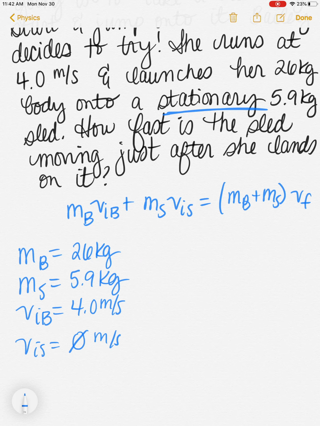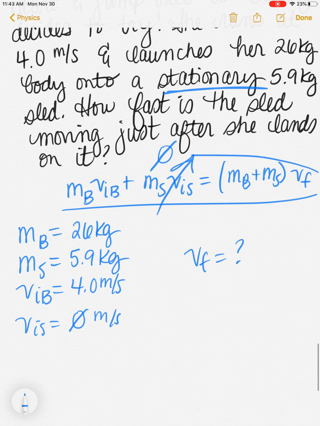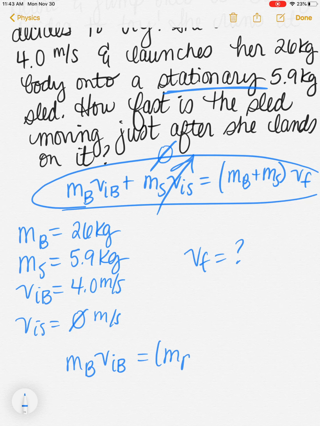So if I go to my equation, this whole part is going to cancel out to 0 because the sled is not initially moving. We are supposed to find the final velocity. So if I take this equation and rewrite it, mass of Bailey times the initial velocity of Bailey equals the mutual mass of Bailey plus the mass of the sled, all times the final velocity.